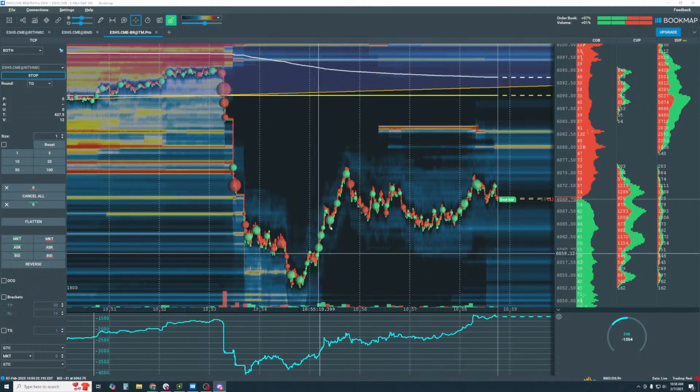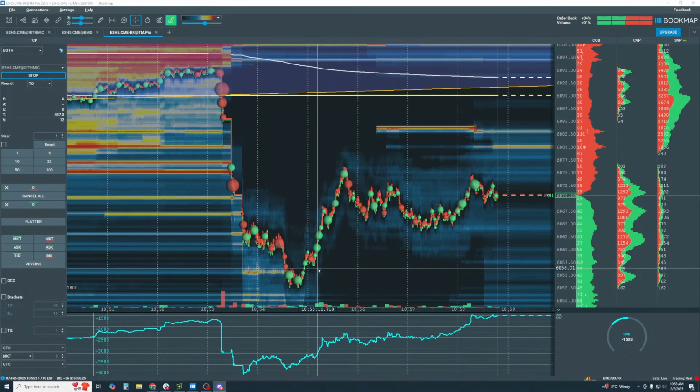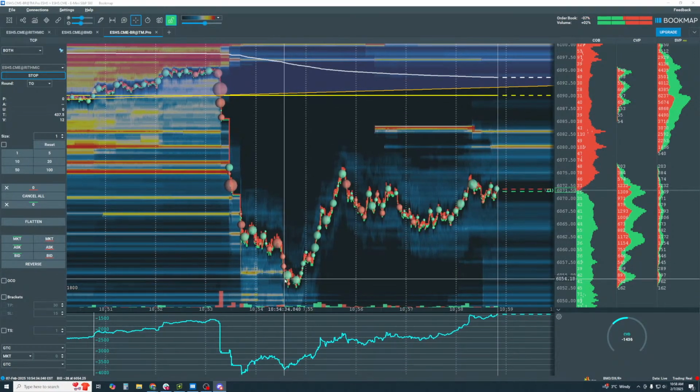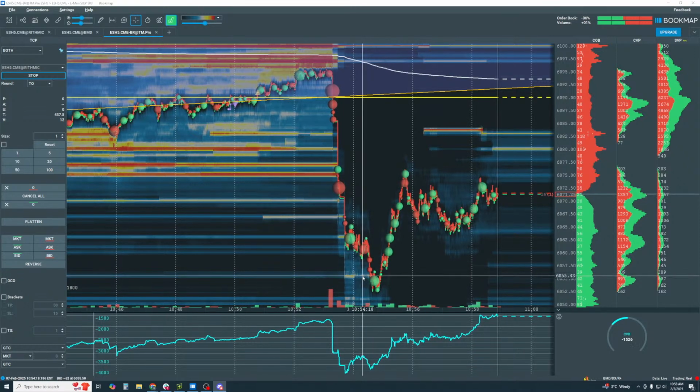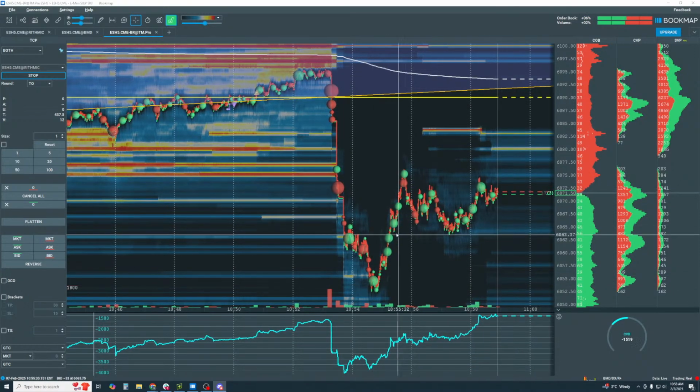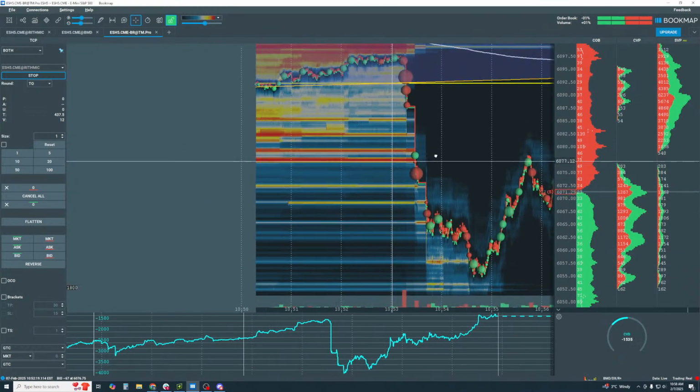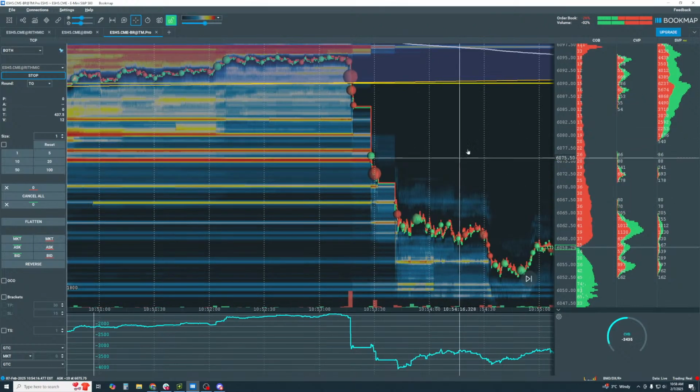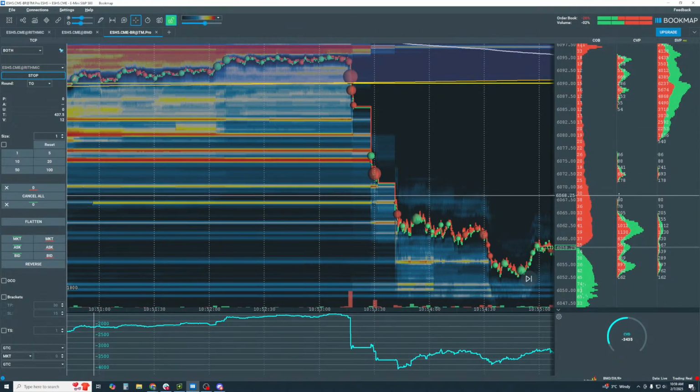Actually, this is easier, I find, that I don't know where it's going to happen. I'm looking for absorption on the bid. But just like we were talking about, these areas in here are gaps. There was no auction in here.